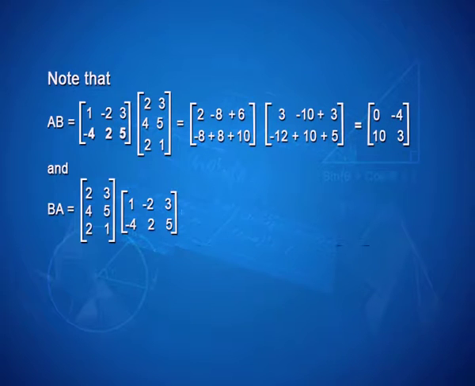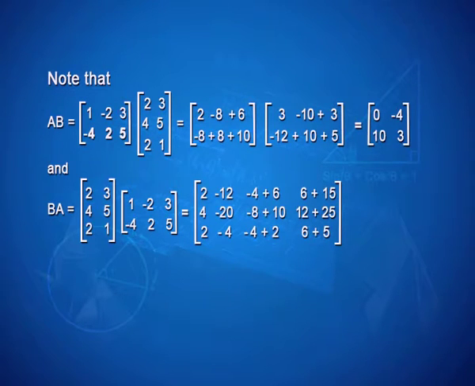Product BA is obtained by multiplying matrices [2 3; 4 5; 2 1] by [1 -2 3; -4 2 5]. On simplification we get 2 - 12, -4 + 6, 6 + 15 as the three elements of the first row.